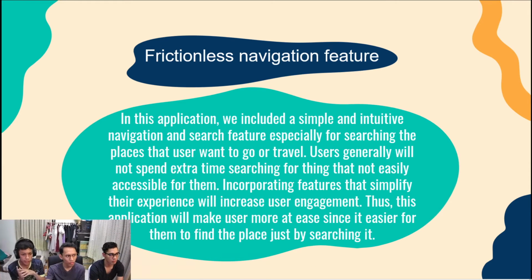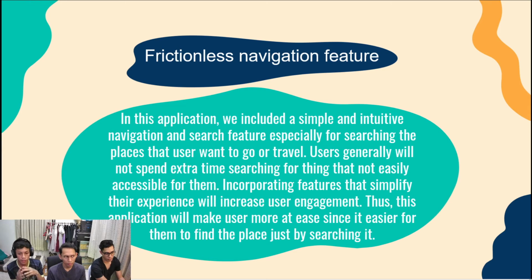In this application we included the search feature, which is, as a user, we want to go to any famous tourism place, or want to go to a restaurant or anywhere, so we can search it in this application and we will know about the condition of the place.